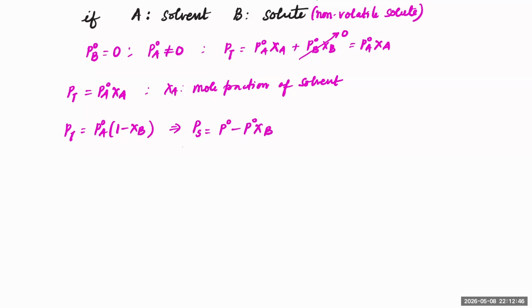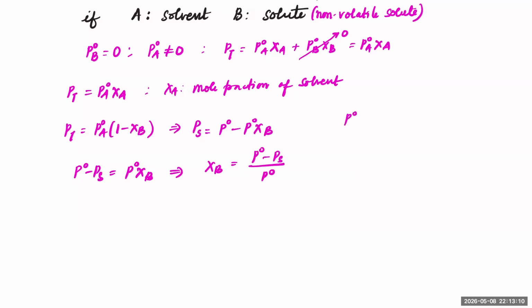If I take it to the left hand side, I will get P naught minus PS is equal to P naught XB, which implies XB is equal to P naught minus PS upon P naught.